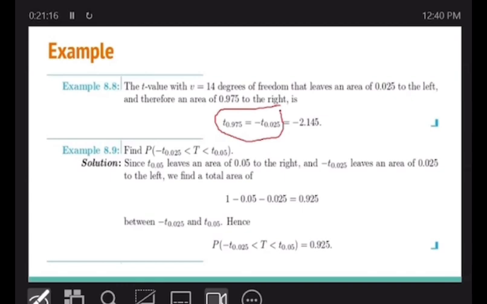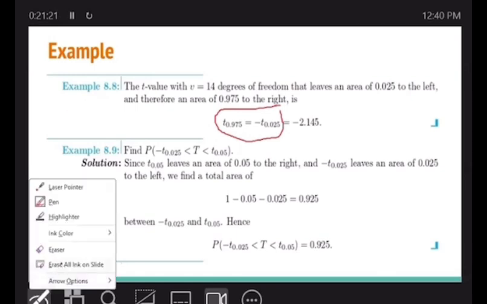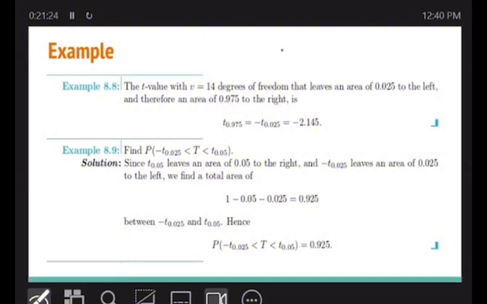You remember the other time I told you, we got a formula: T sub 1 minus alpha equals negative T sub alpha. T1 minus alpha equal to negative T alpha.